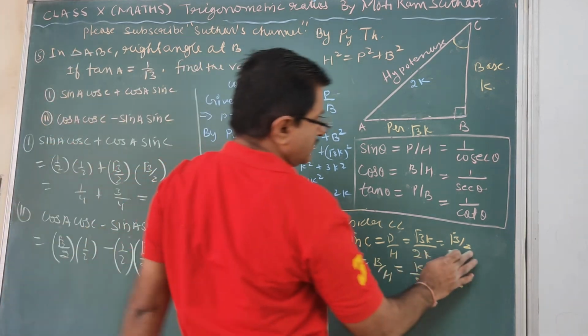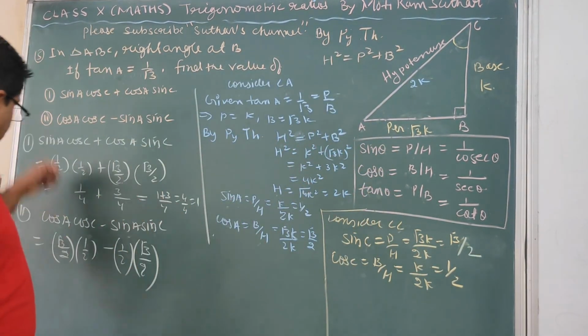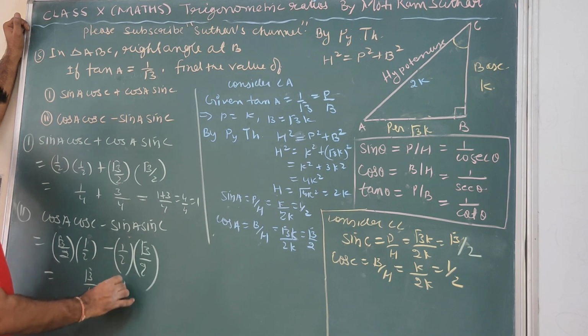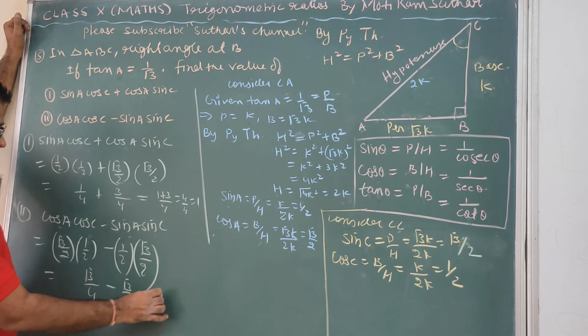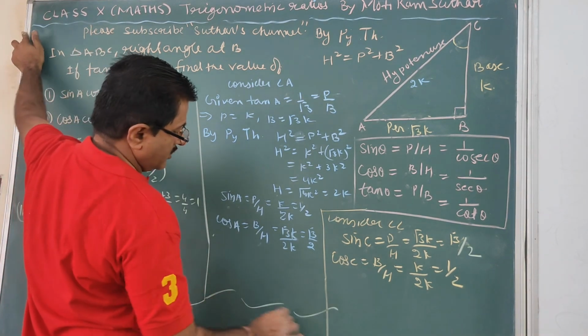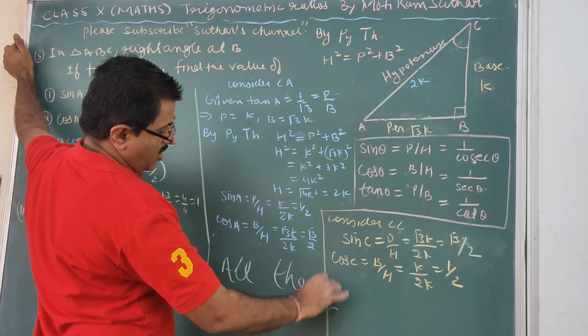Clear? So simplify: root 3 into 1, root 3 by 2 into 2, 4. Root 3 into 1. So you can say both are the same, so the answer for the second is 0. Clear?